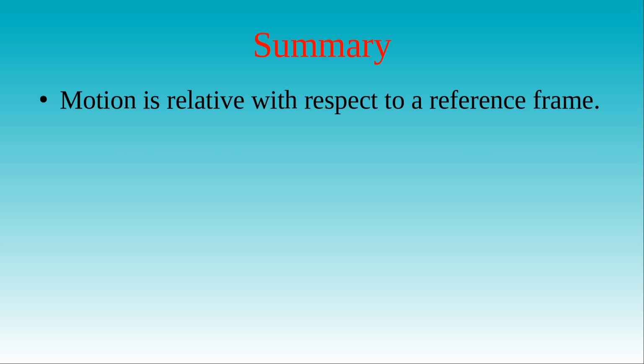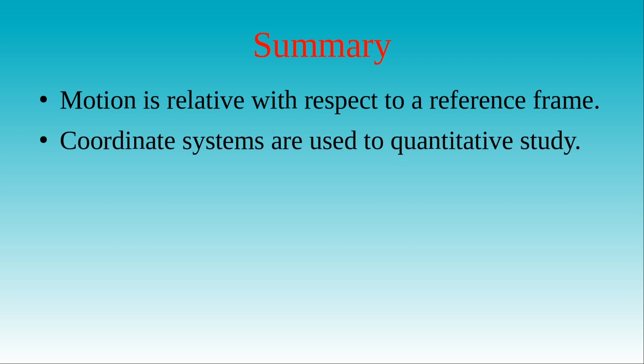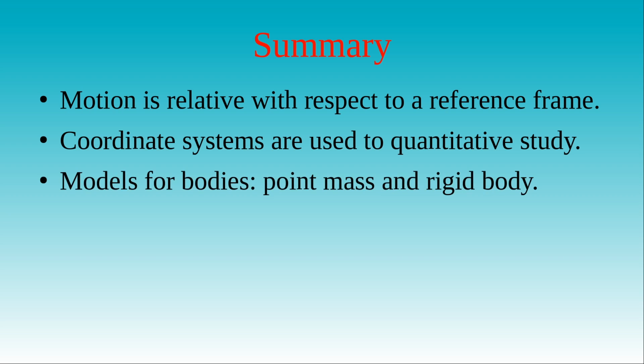In the end of this presentation on the basic concepts of kinematics, let us summarize its main conclusions. First of all, we saw that motion is relative, and it is always described with respect to a frame of reference. We need to attach some coordinate system to the frame of reference, so that we can carry out a quantitative analysis of the motion. We also need to introduce idealized models for the bodies when we study their motion.